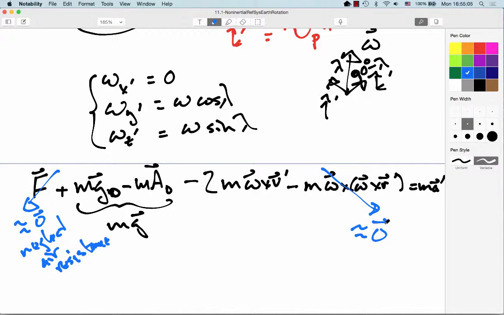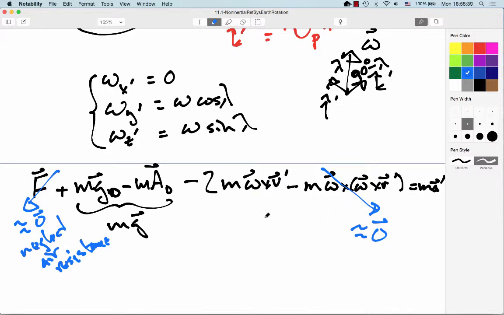There's a couple of reasons for that. First off, the Coriolis force term is of order omega. This is of order omega squared. Now, what is omega here on the surface of the Earth? Think about that for a moment. I'll pause and give you the answer. It's 2 pi over 24 hours. So once you get your hours into seconds, it ain't much. And so when we square it, it's really small.